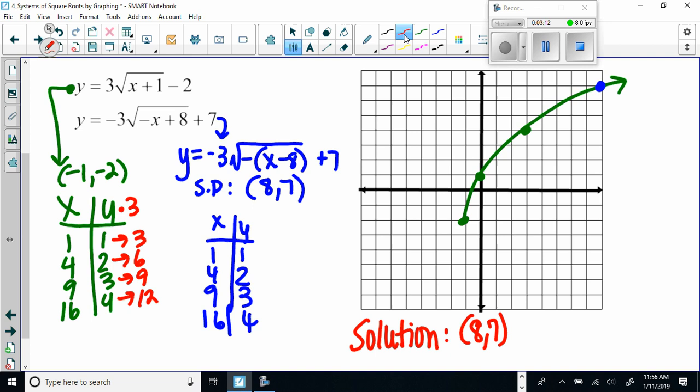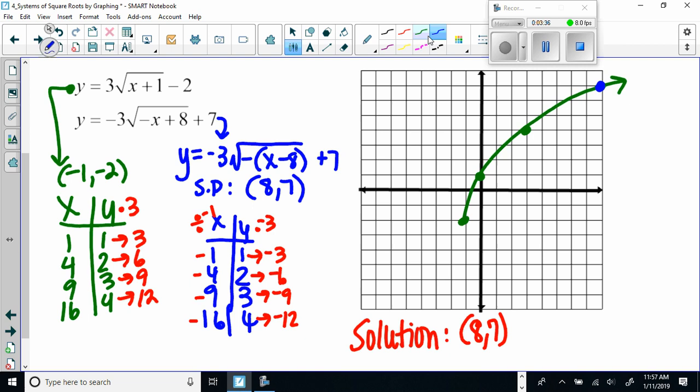So this is dividing by -1. So this just changes all those signs. What am I doing to the y's? Multiplying by -3. So 1 times -3 is -3. 2 times -3 is -6. 3 times -3 is -9. 4 times -3 is -12.